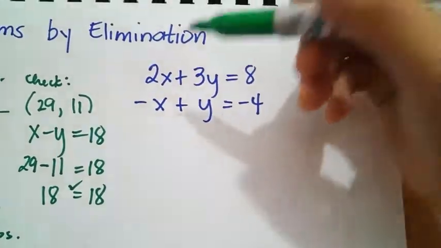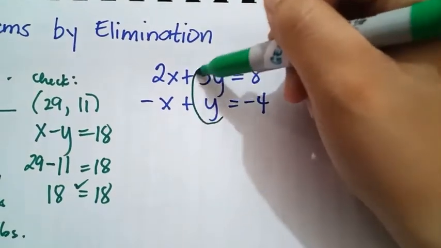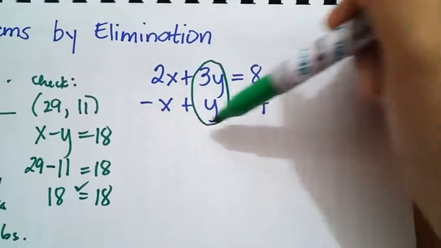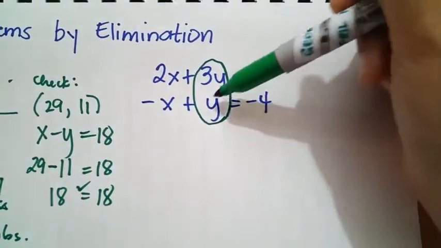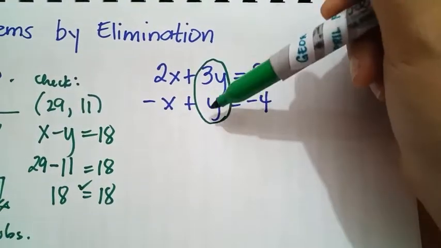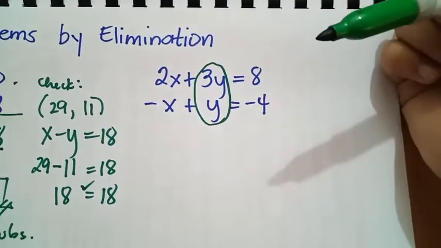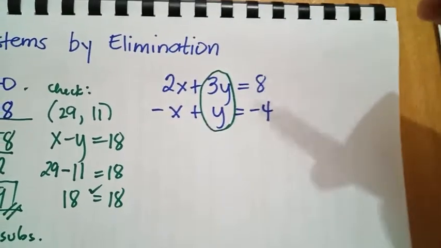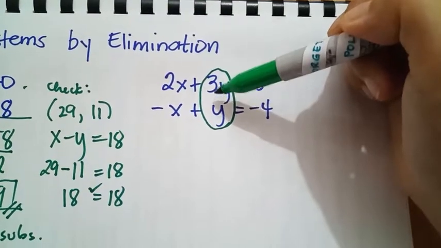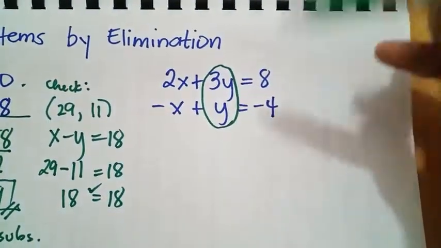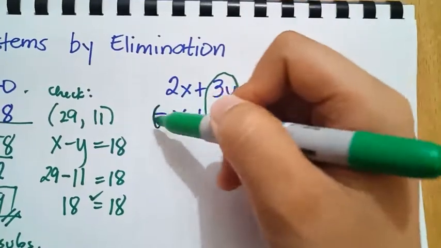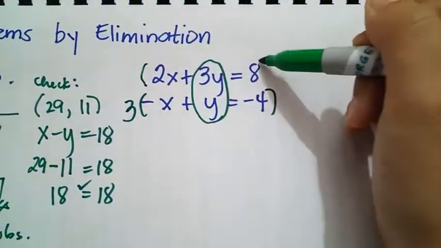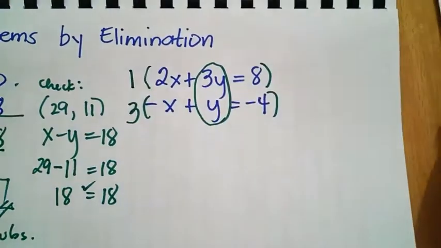No? So, kung i-eliminate natin itong y na ito, saan natin i-multiply yung pangalawang equation para magkaparehas na sila ni 3y? Obviously, sa 3, diba? So, parang ang clue nyo na dyan, kung ito ay 3, the next equation will be multiplied by 3. And if this is 1, the first equation will be multiplied by 1.